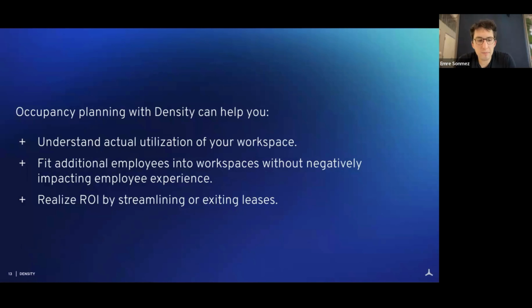So yeah, that's the way we approach occupancy planning.